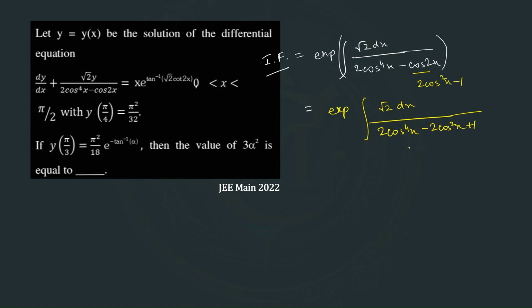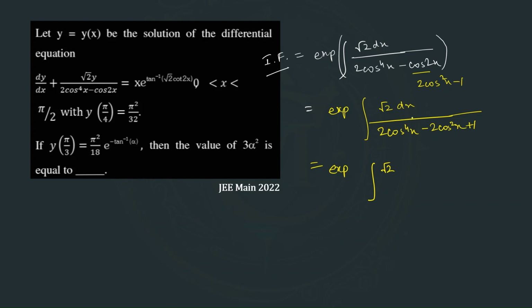Now how to evaluate this type of integral? We have to remember, whenever we see only even powers of sine or cos, we usually divide by cos square x or cos to the power 4x or sine square x or sine to the power 4x. So in this case, we have to divide both numerator and denominator by sine to the power 4x. So exponential outside, and then the integral of root 2 dx.